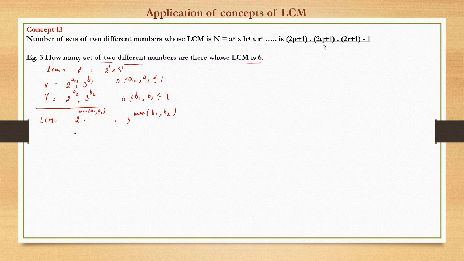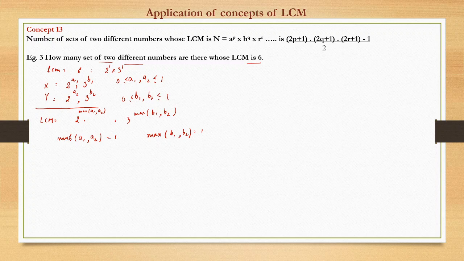So now we can write here, since LCM we know is 2 into 3, the maximum of a1 comma a2 can be equal to 1 only, so that it is 2 raised to power 1. Similarly, the maximum of b1 comma b2 can be 1. Okay. So now we have to find different values of a1, a2, b1, b2.